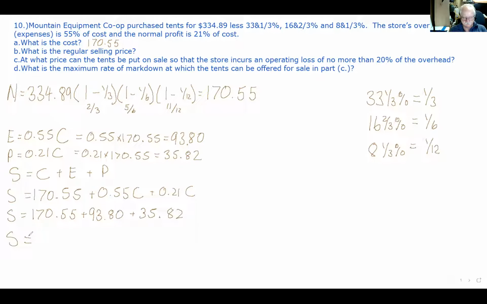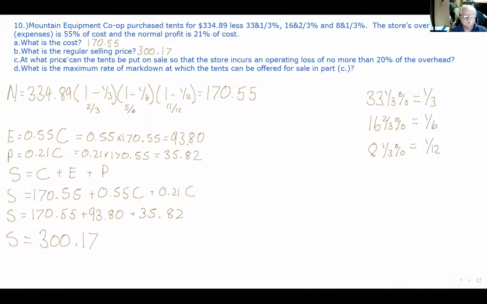That's good. 170.55 plus 93.80 plus 35.82, and looks good. $300.17. So 300.17.